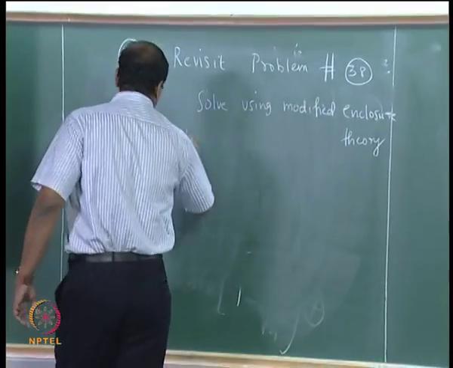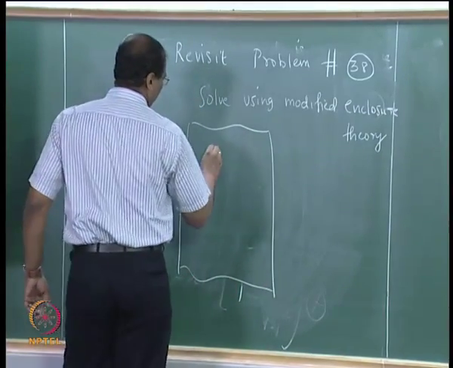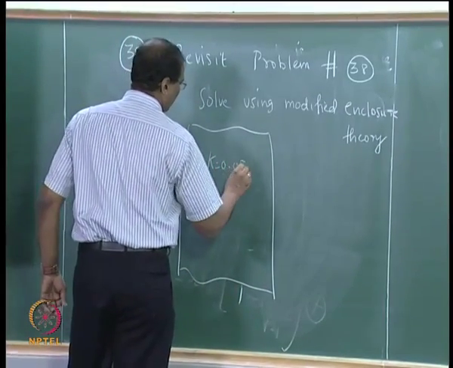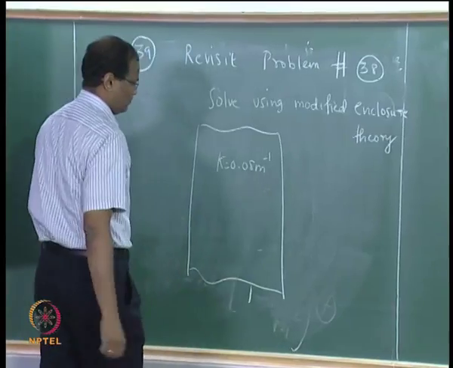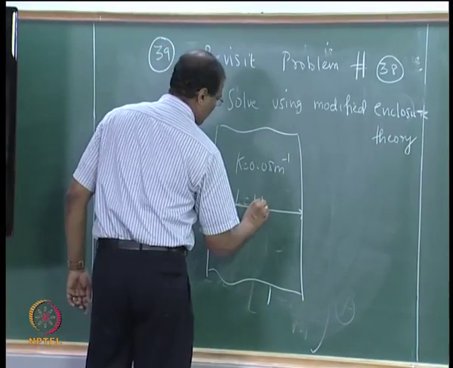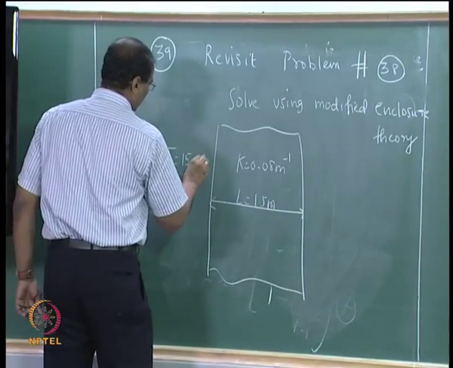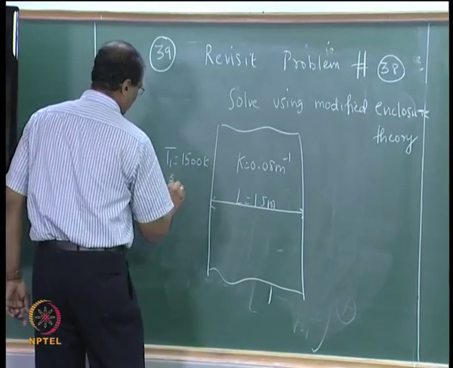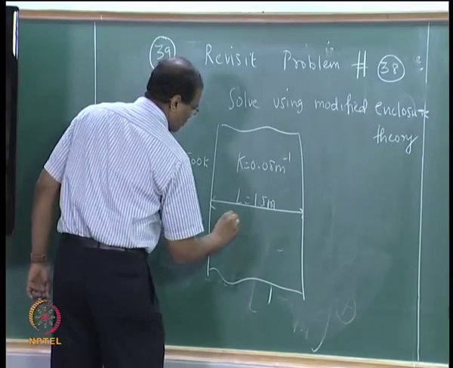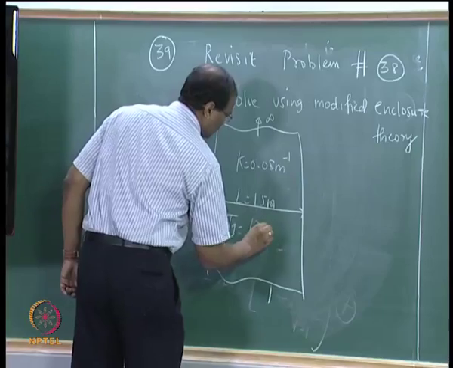So let us take this. What is Tg? 1200 Kelvin, correct.